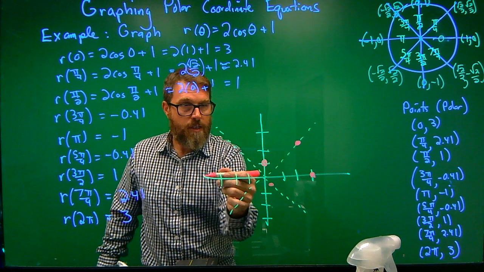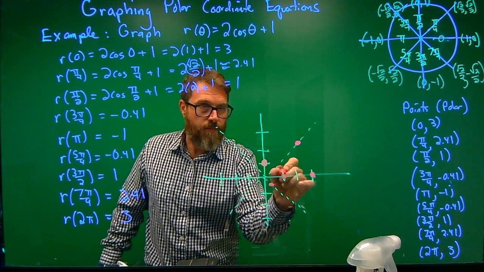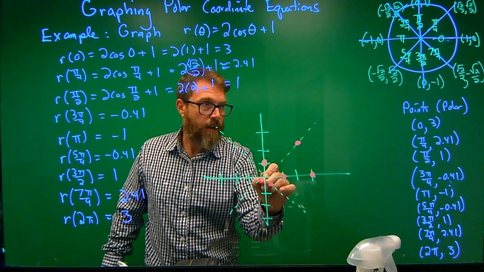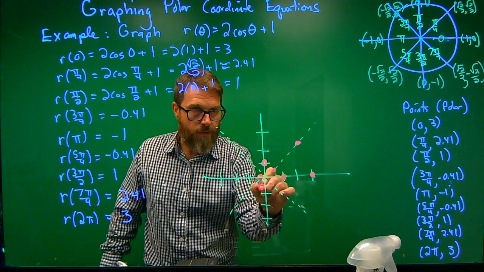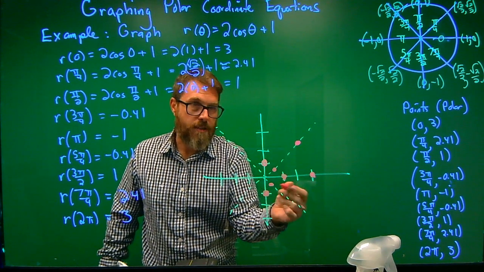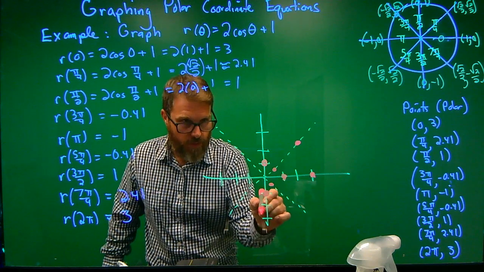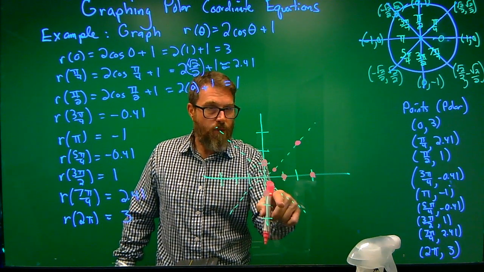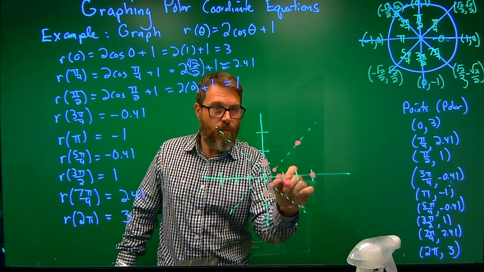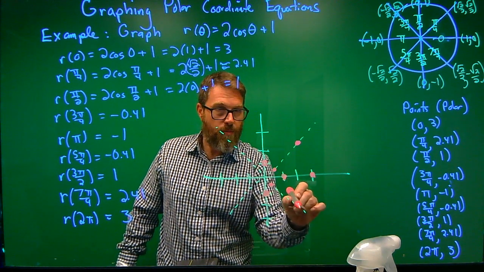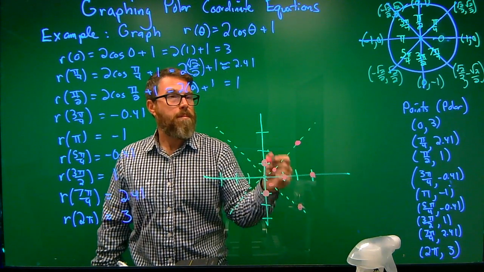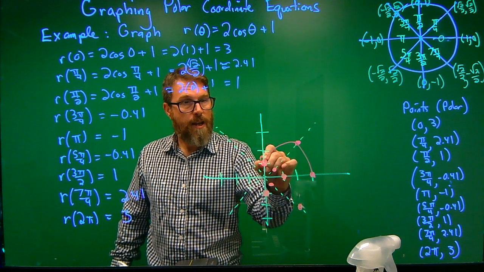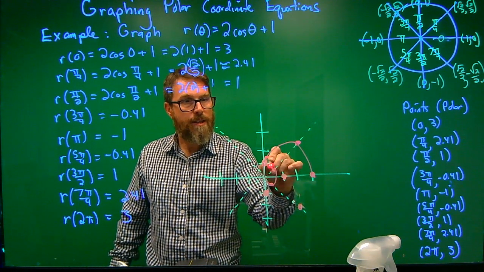Pi, which is this angle, but it's going to go to negative 1, so it's going to flip over to the other side, and then 0.41 at 5 pi over 4. Then 3 pi over 2 is going to be 1, so back to positive, so it's going to go in the angle's direction. And then 7 pi over 4 is 2.41, so 1, 2, 3, so 2.41 is going to be here. Now, as I'm plotting this, it went from here to here, and then to here, and then here, and then so on.